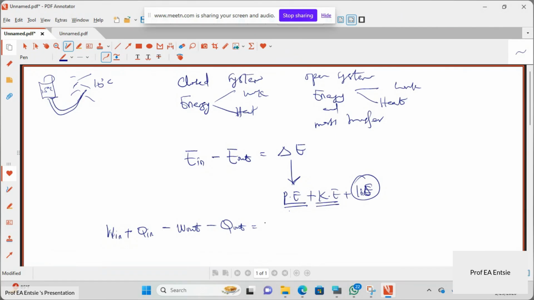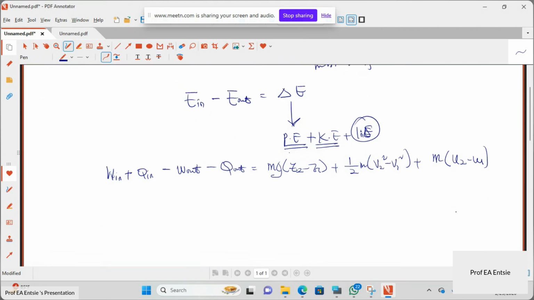It should equal the change in the total energy of the system, which is the change in potential energy, mg times Z2 minus Z1. If it is kinetic energy, half m times V2 squared minus V1 squared. If it is internal energy, m times U2 minus U1. So this is what you should know.